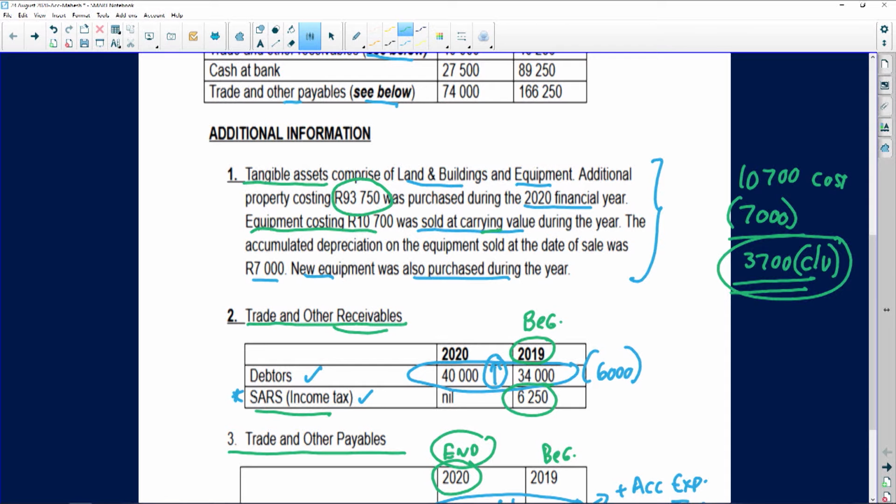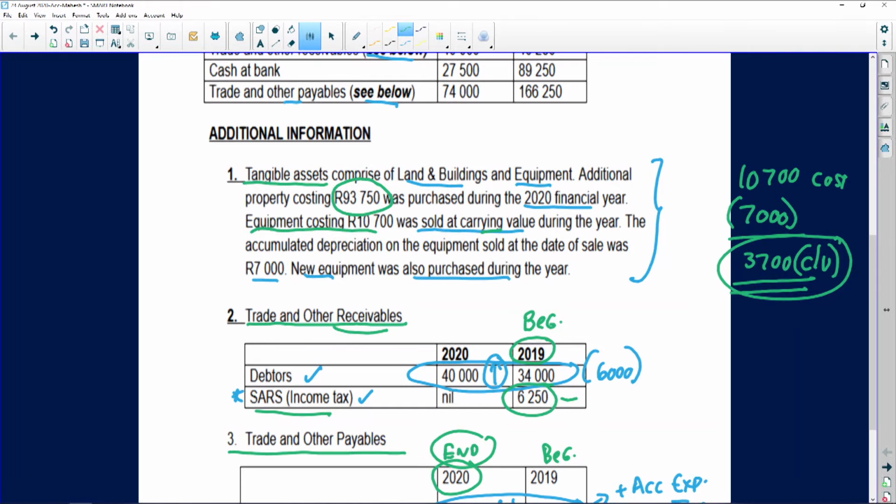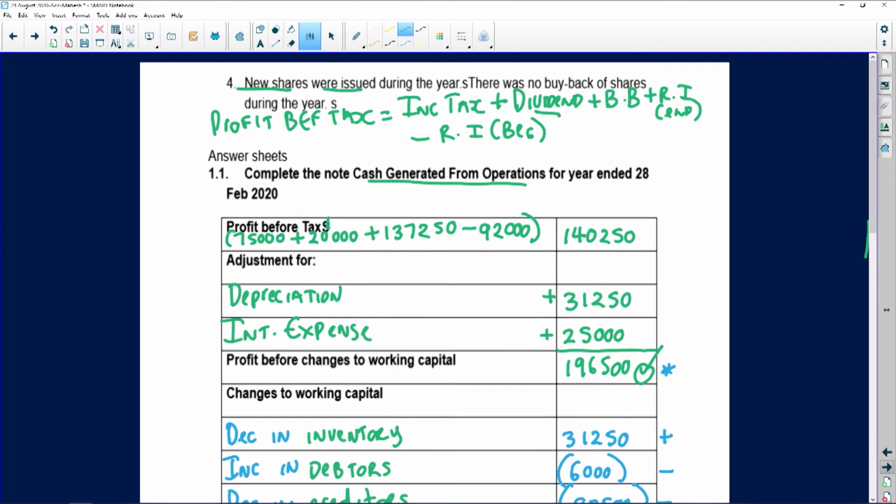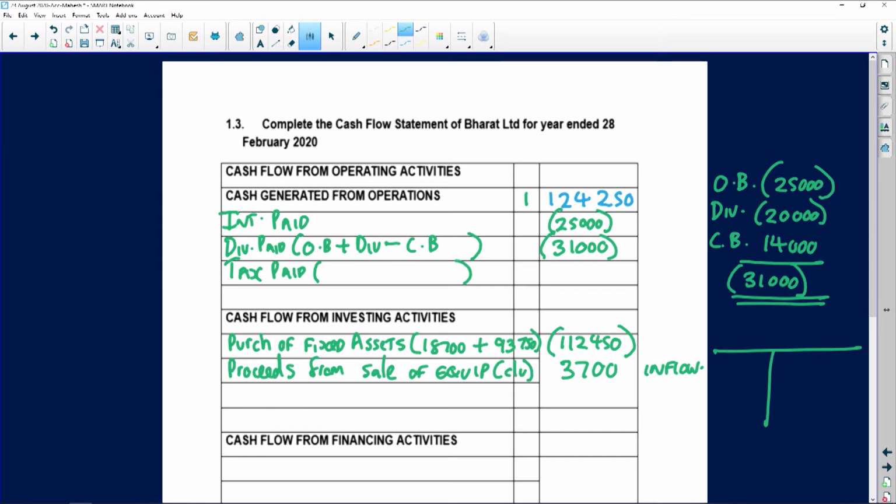So remember, that 6,250 is money that's going to go into your bank account because this money is owed by SARS to the business. Trade and other receivables, obviously a current asset. Right, so let's take the 6,250 forward. In brackets, 6,250. Remember, that is positive.